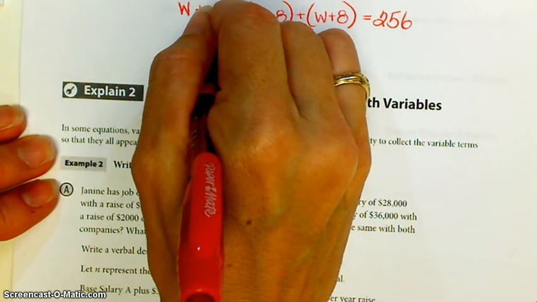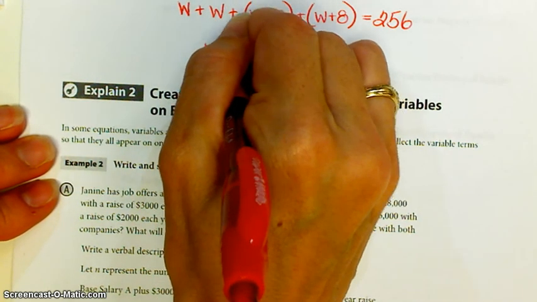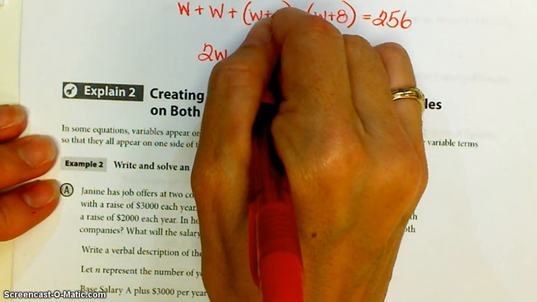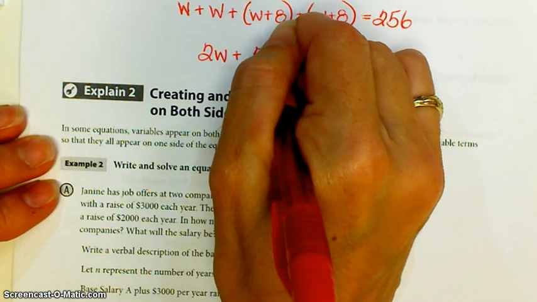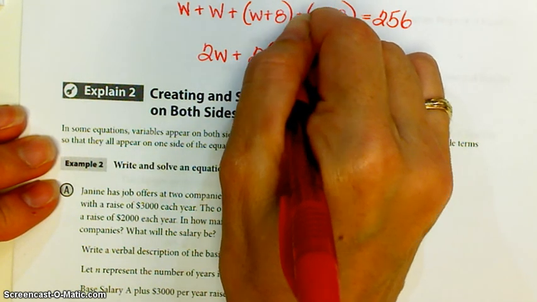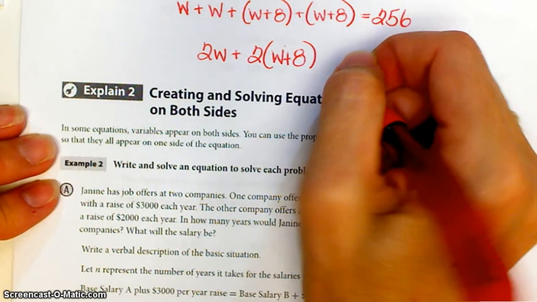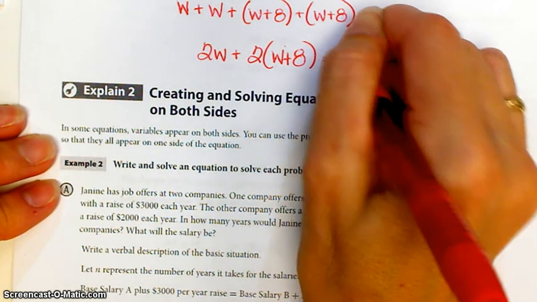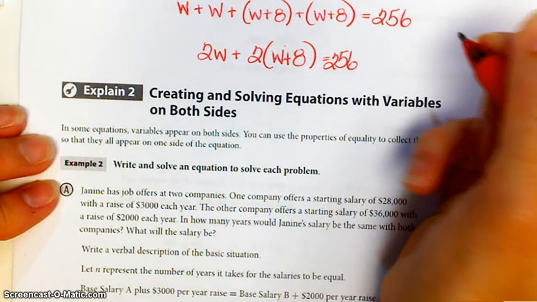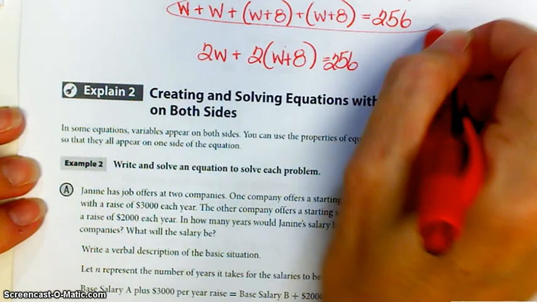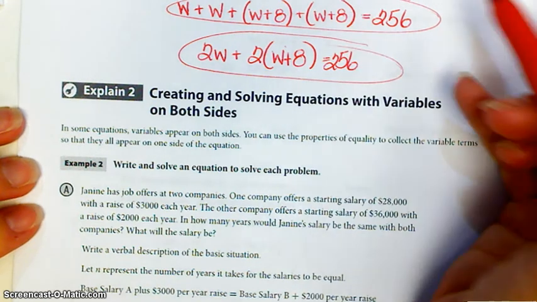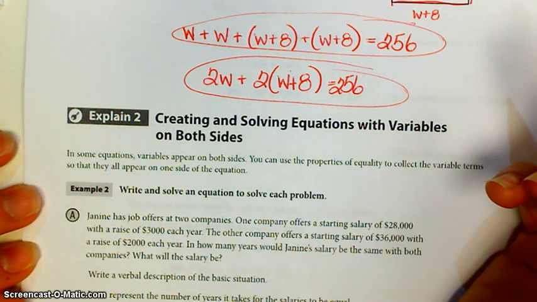Why don't we just do 2W, 2 of your lengths, plus 2 times W plus 8, sorry, I'm trying to write the word width. Same situation, 256. This and this are equivalent.